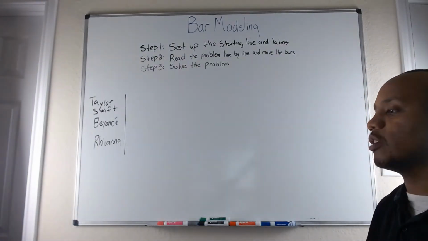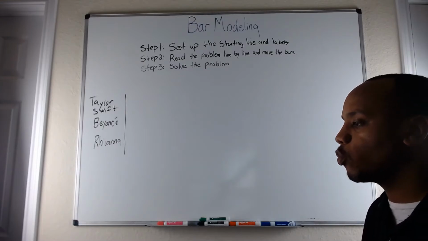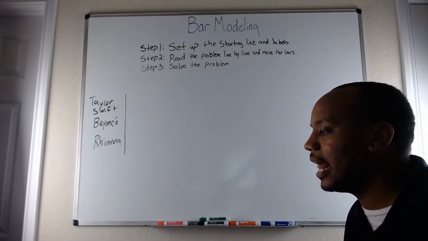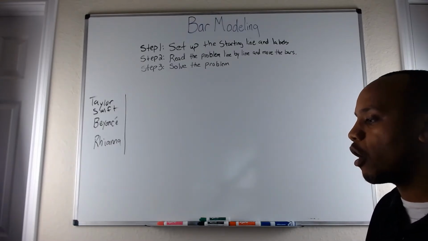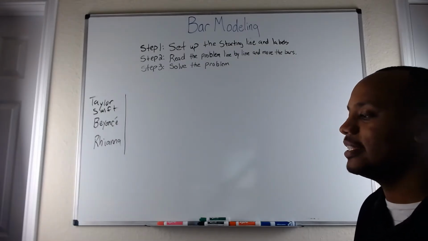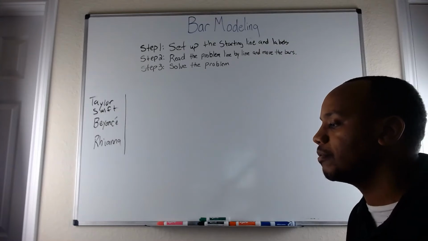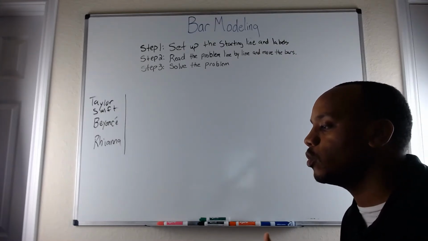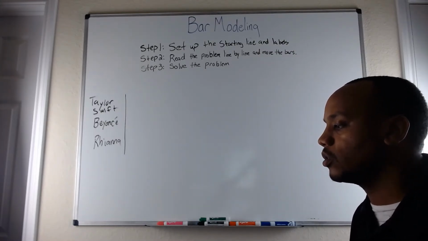Now step two is read the problem line by line and move the bars. In the problem in my classroom, it said Taylor Swift's 1989 tour tickets cost $198.